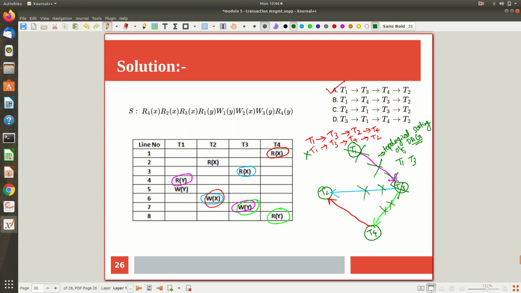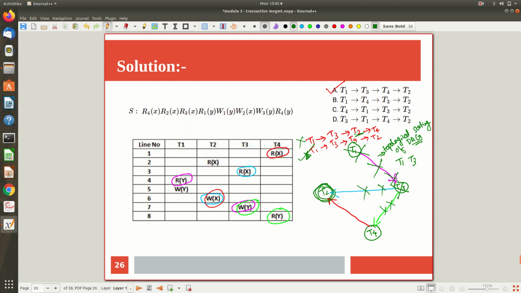So here what I listed is: I started with T1, then I moved to T3, and from T3 I moved to T4. This is the correct solution and the other is a wrong solution, because from T3 you can't reach T2 directly.